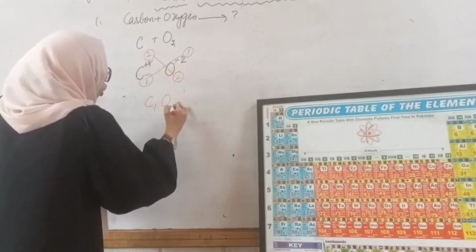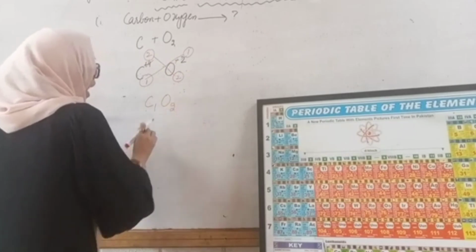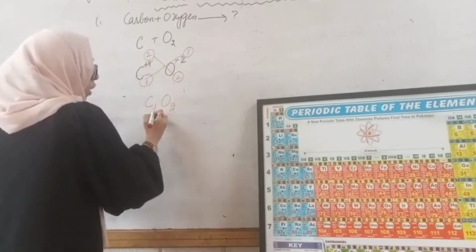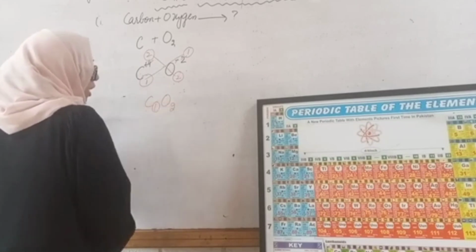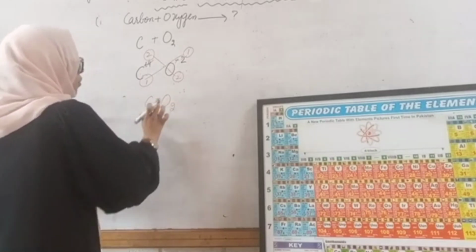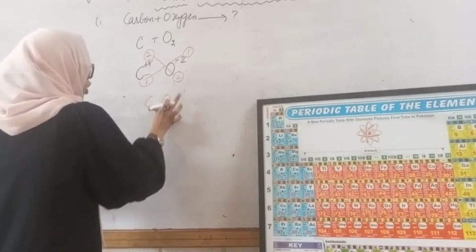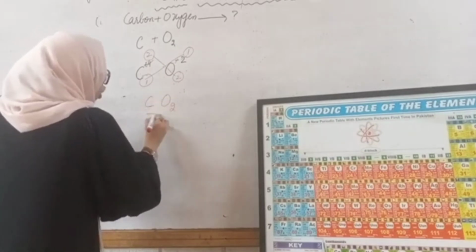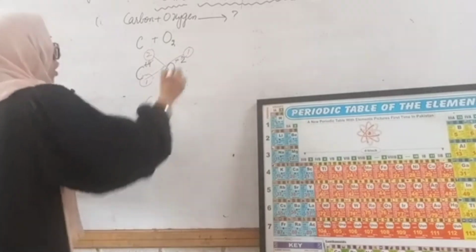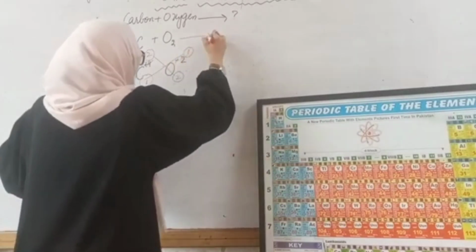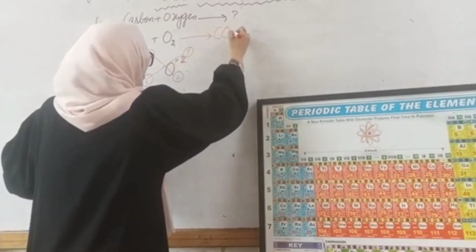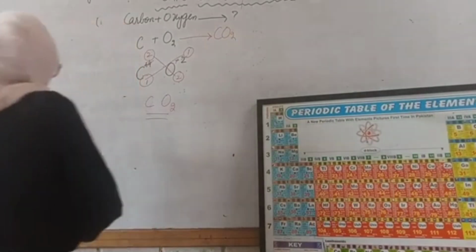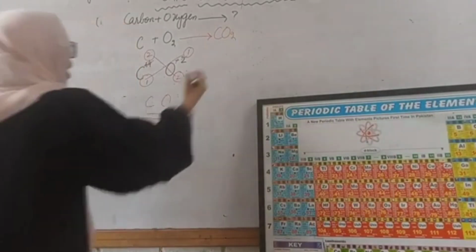C1 O2, and you know that we do not write 1 in the digit form, so we will just remove that 1 and we have got CO2. So our final result is CO2 and it has the name carbon dioxide.